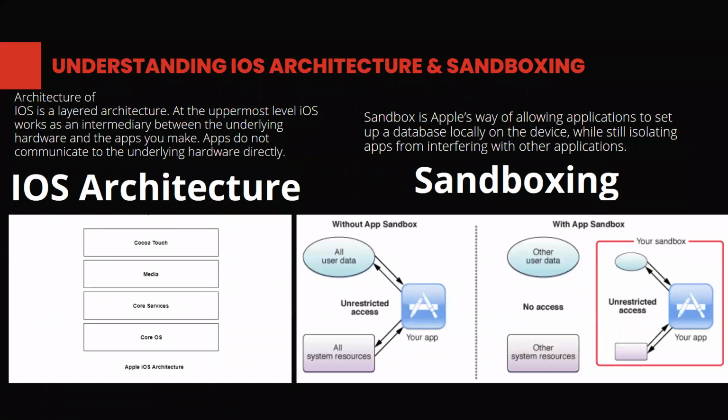Apps talk with the hardware through a collection of well-defined system interfaces. The interfaces make it simple to write apps that work consistently on devices with various hardware abilities. The lower layers give the basic services which all applications rely on, and the higher levels give you sophisticated graphics and interface related services.